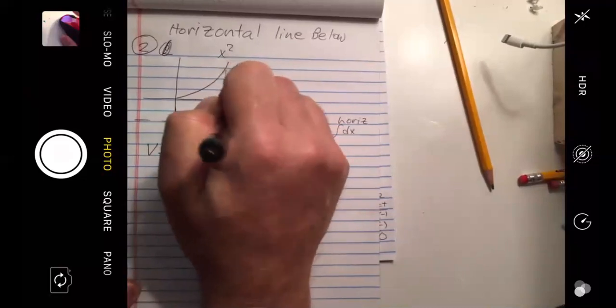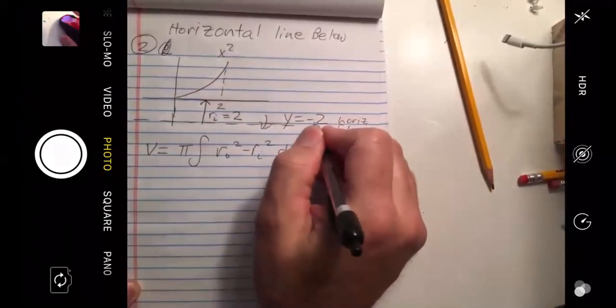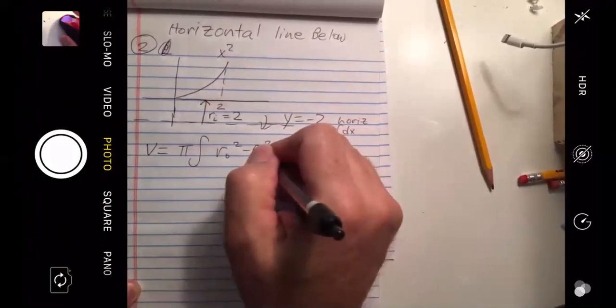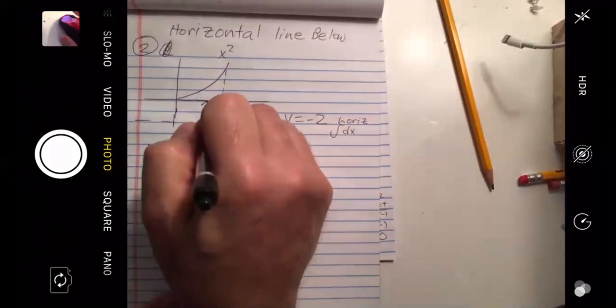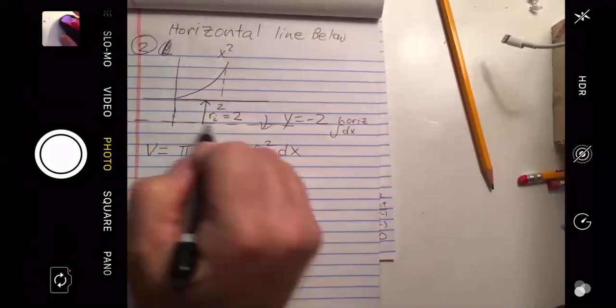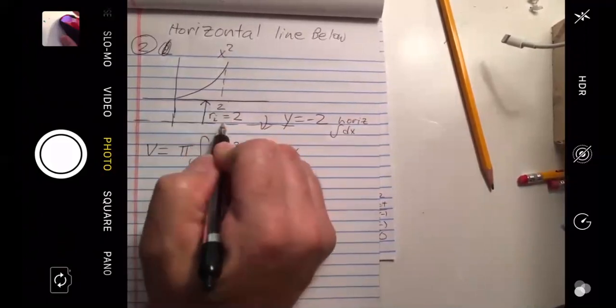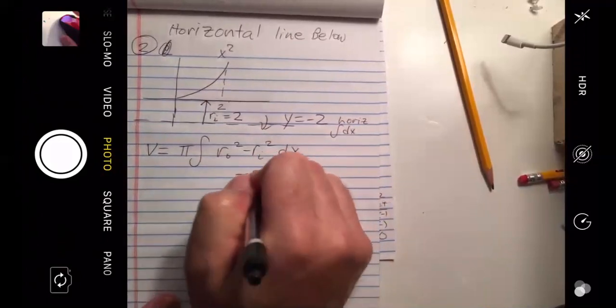The inner radius is straight 2. You don't have to worry about it being negative because of the squares. Just do straight positive distance from this line y equals negative 2 up to the inner part, like the length of the side of a rectangle. It's a constant 2. So that's going to be 2 squared.